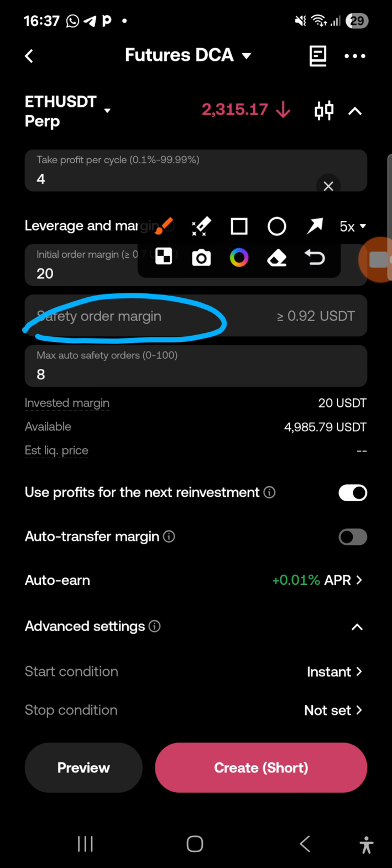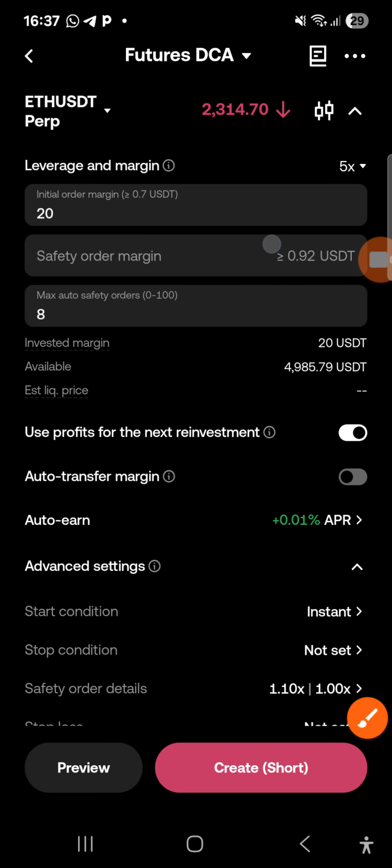Okay, now we have what we call maximum auto safety orders. How many times do you want the robot to add for you? I repeat, maximum auto safety orders. You know that the market can move zigzag, okay?